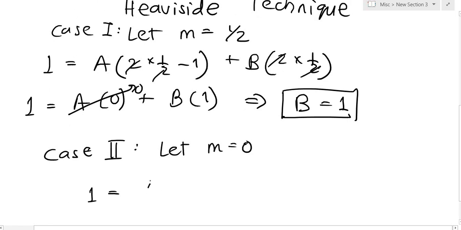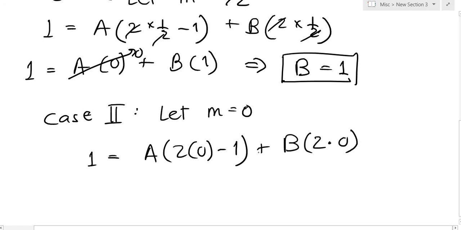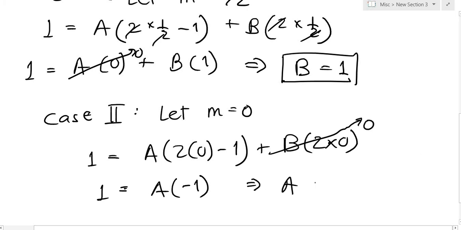We have 1 is equal to a times 2 times 0 minus 1 plus b times 2 into 0. So 1 is equal to a times negative 1, and then this thing will just go to 0, right? So this implies that a is equal to negative 1. Isn't that excellent?